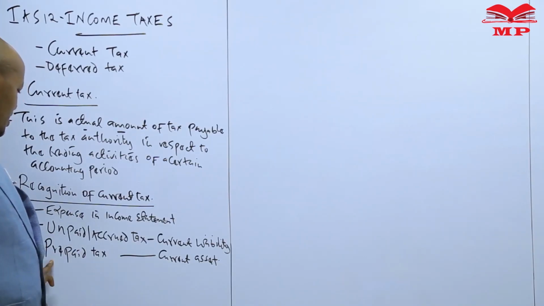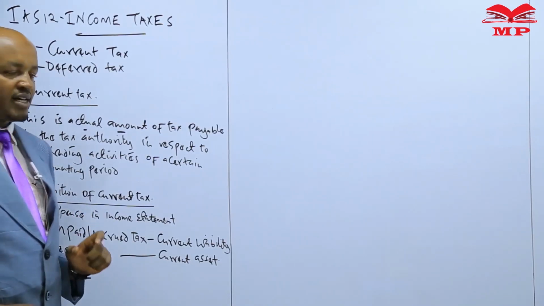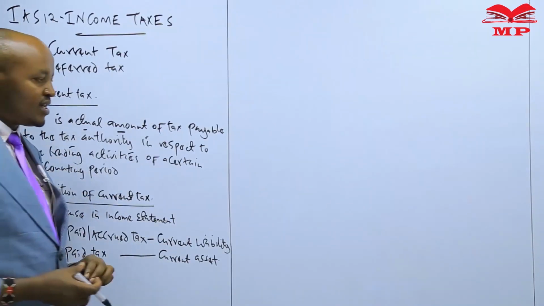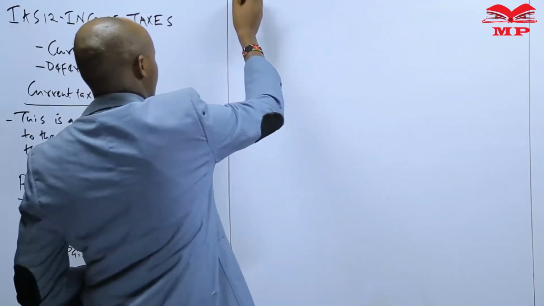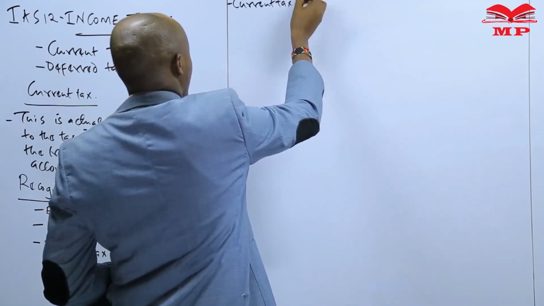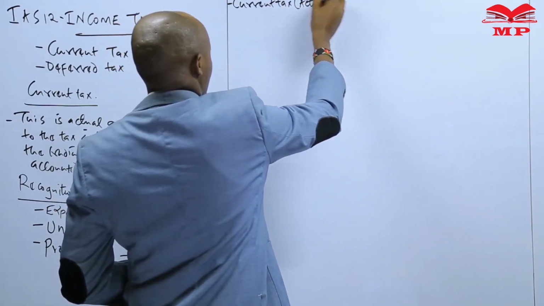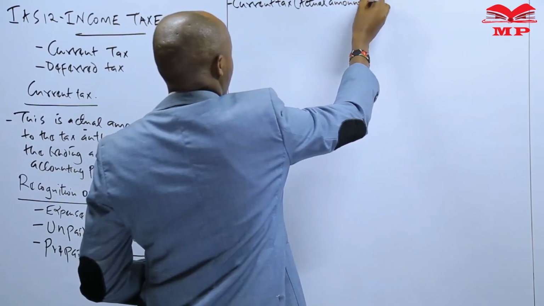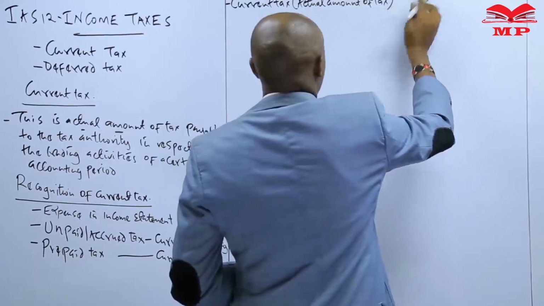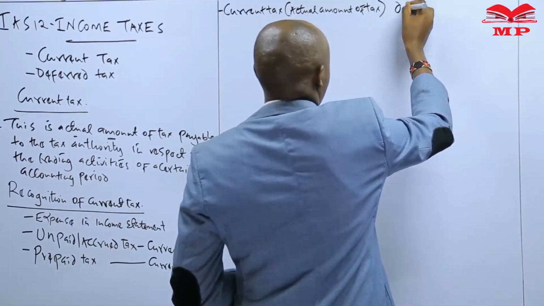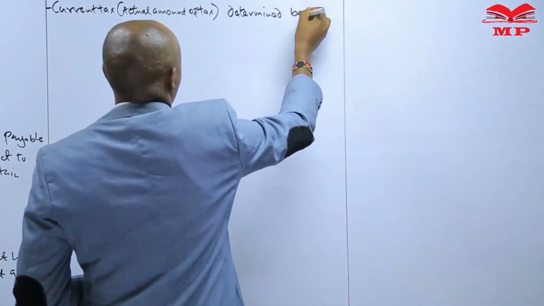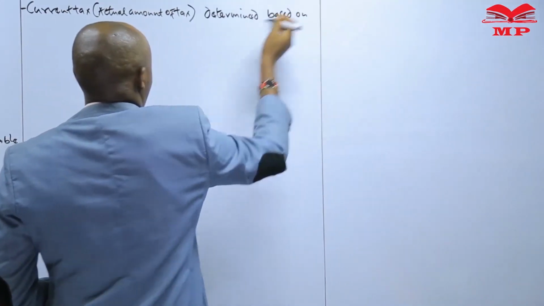But what you need to remember is that whenever we determine the actual amount of tax which is supposed to be paid by a company, that tax, basically the current tax, which we have said is the actual amount of tax, is always computed or determined based on the taxable profit.